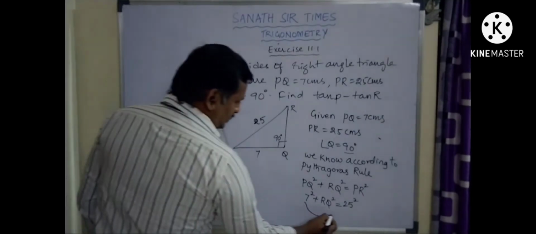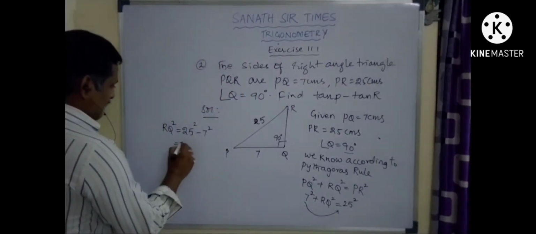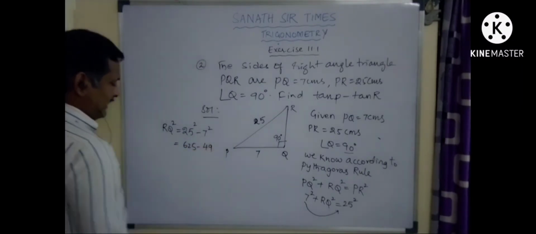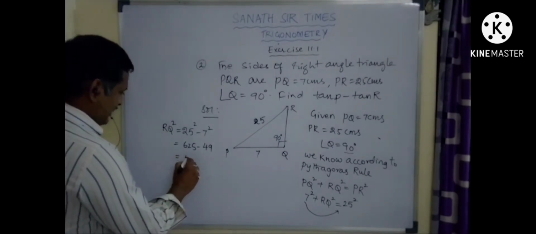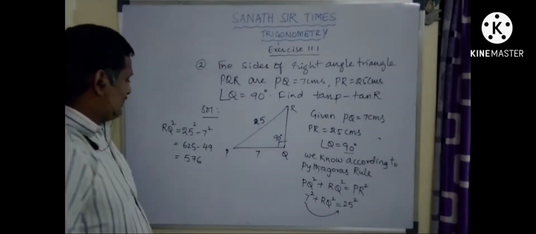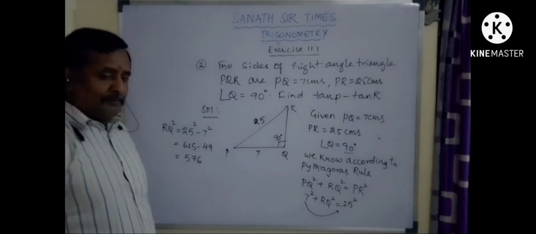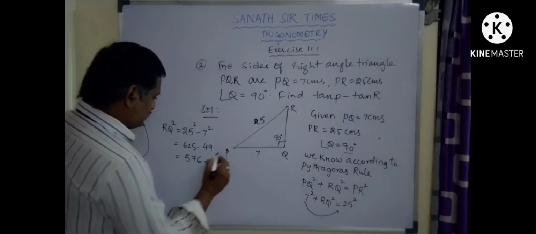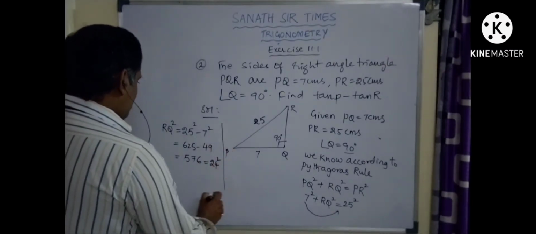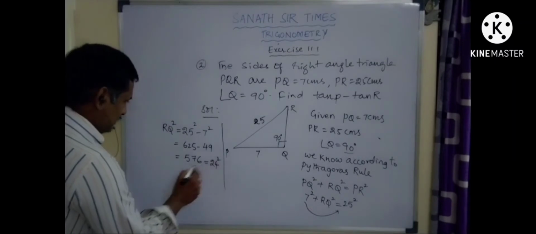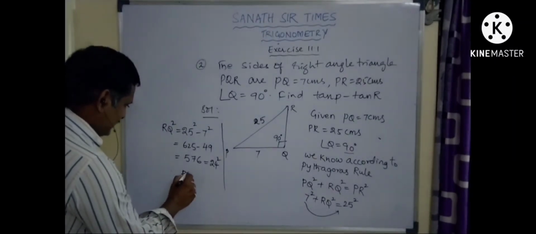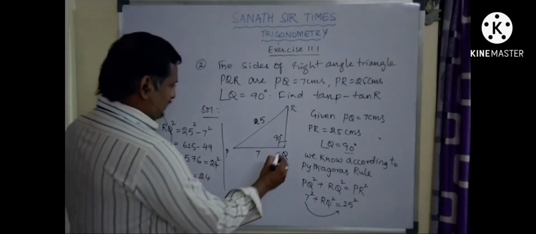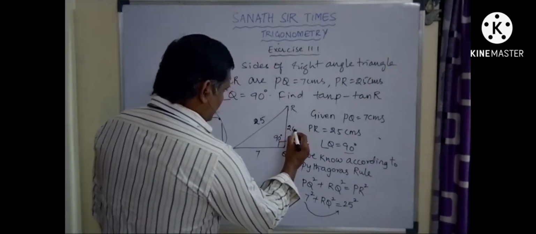Now the 7 square goes to the other side, transpose: 625 minus 49. This gives you 576. Remember, 576 is a perfect square, which is the perfect square of 24. So this is 24 square, right? So RQ square is equal to 24 square, which means RQ will be equal to 24. Means you are in a position to finish up the triangle sides.